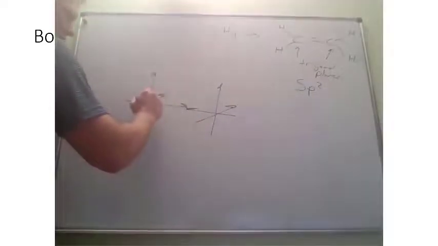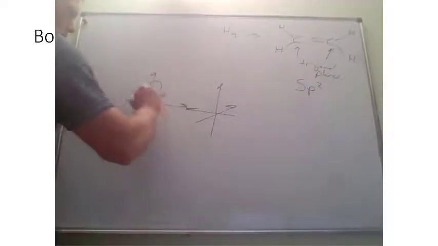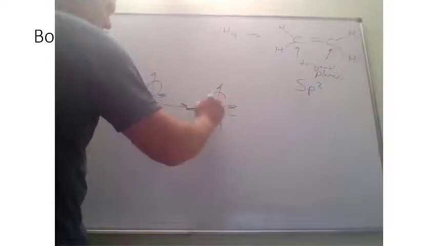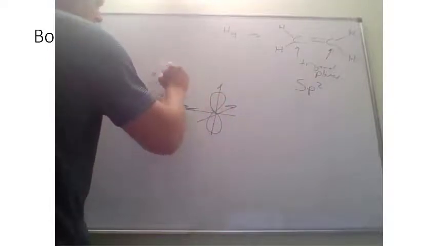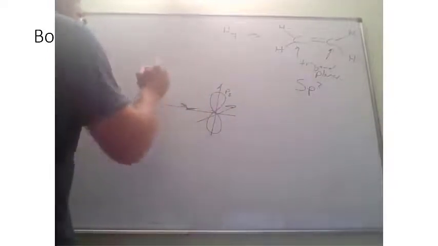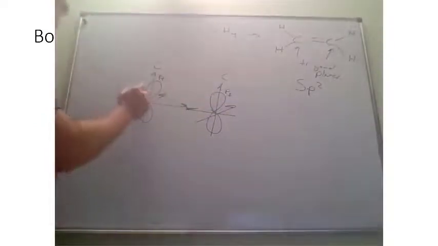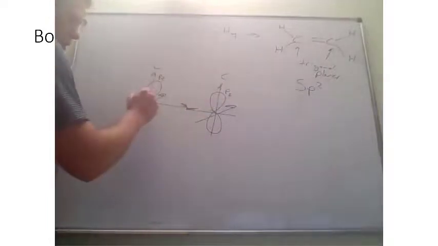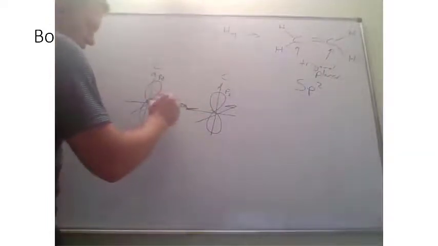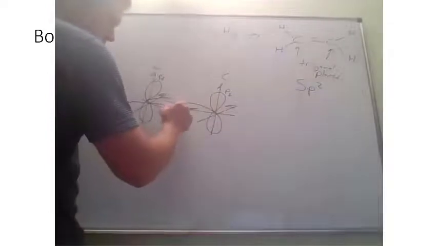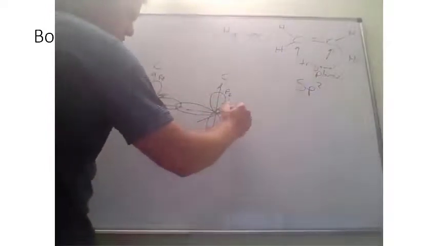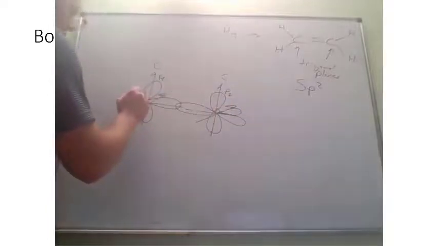If we have our pz orbitals for each of our carbons, carbon and carbon, and then we have our sp2 hybrid orbitals along our equator. So we're going to have a hybrid orbital in the middle, and then 2 hybrid orbitals around the equator going further away.